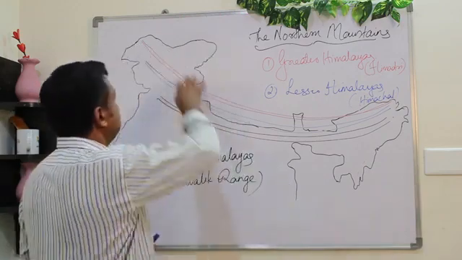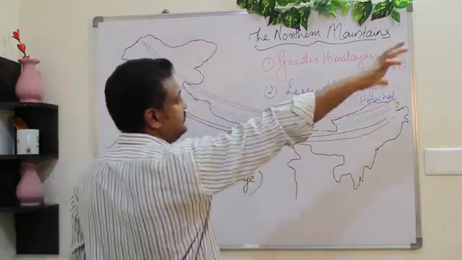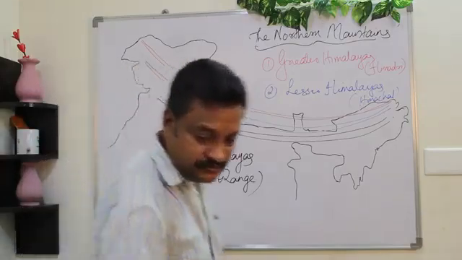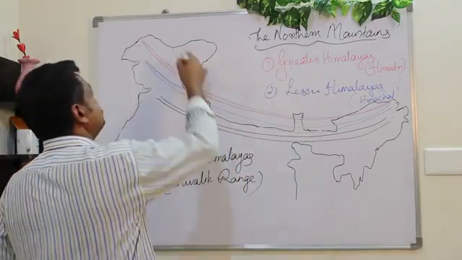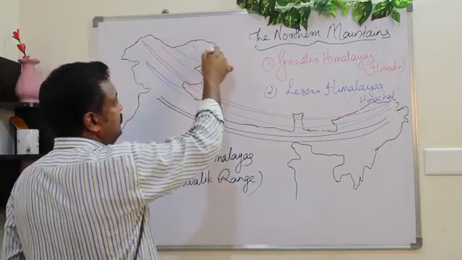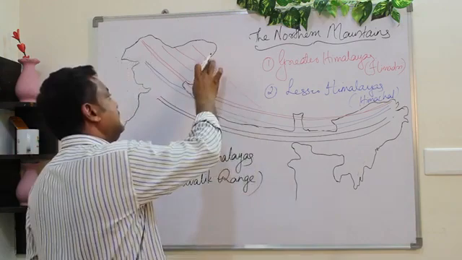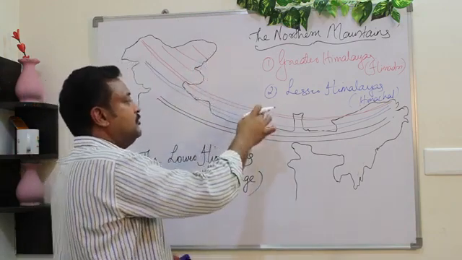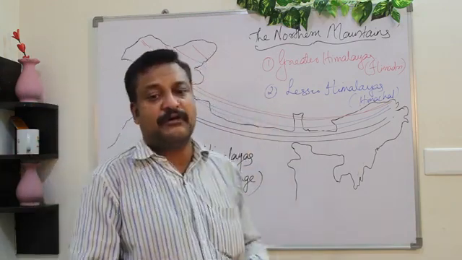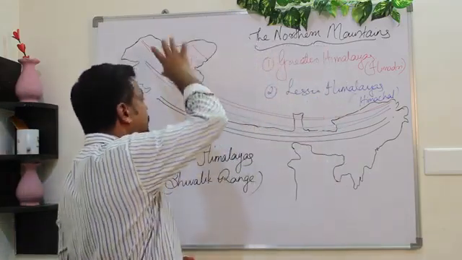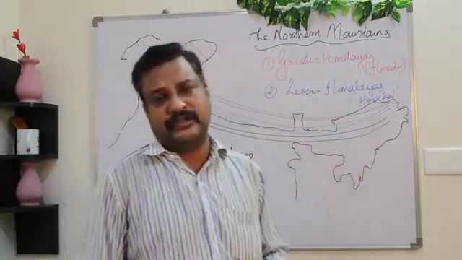We have this almost in the border region of India, here and in this region also. They stand like a very tall wall providing protection for our country, and it also has many of the highest peaks in the Himalayan range.